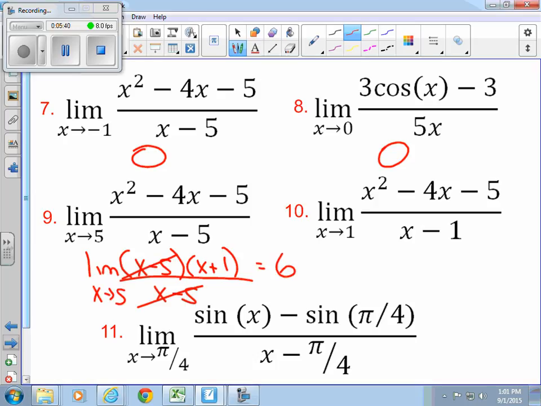The one on the right, what do you get if you plug in 1?